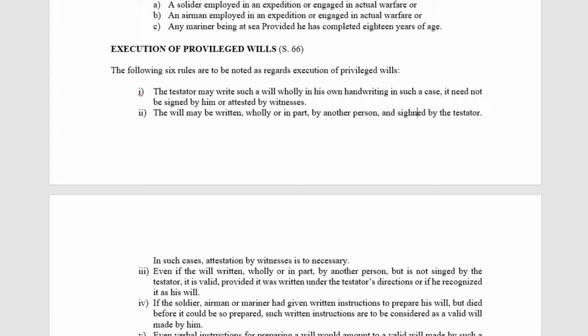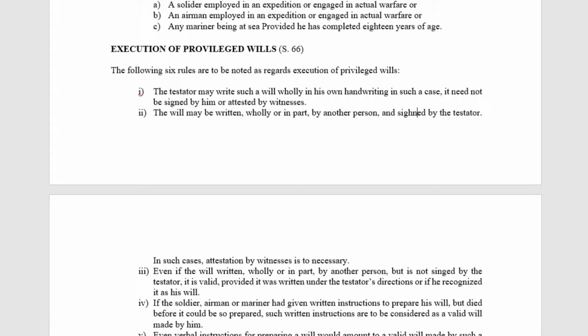And the third aspect is, even if the will is written wholly or in part by another person, but it is not signed by the testator, it is valid. Why, in the earlier condition, it was said that some part the testator will write, but some other part the other person will write, so there is a requirement of the attestation.